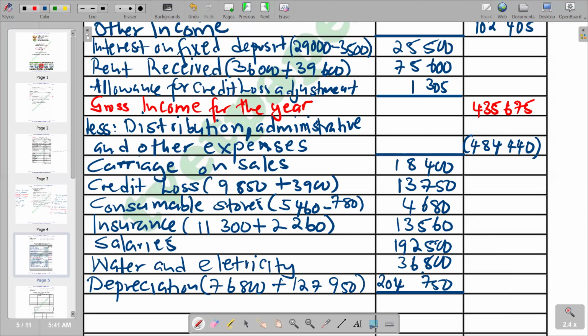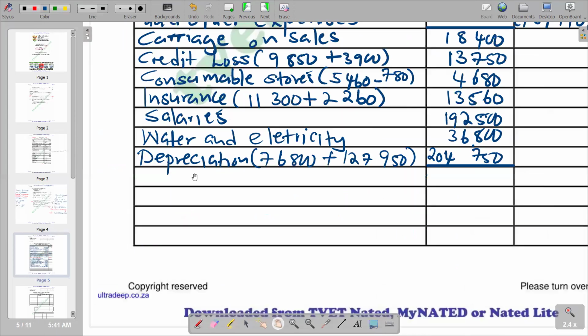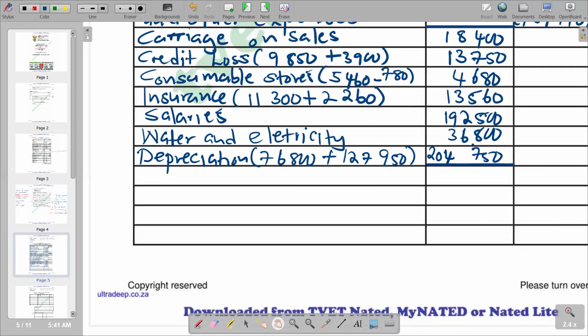So from there, we are supposed to less finance costs. Here we are supposed to less finance costs. So finance costs comprise of our interest on loan. So we're going to say interest on loan.